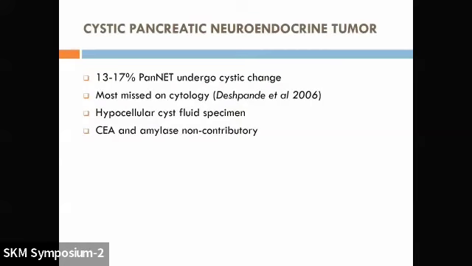Cystic change in pancreatic neuroendocrine tumors is actually not that rare. There have been many studies published, and it has been shown that up to 17% of these tumors can undergo cystic change.